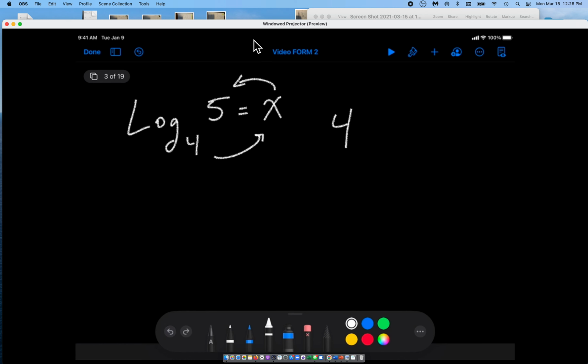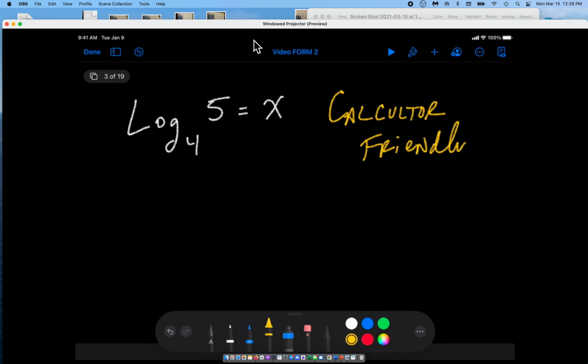So here you utilize what's called the change of base formula. And another way to think of the change of base formula is you are making things calculator friendly. That's what this technique is about. Now, if you look on your calculator, folks, you won't find a log to the base 4 button.